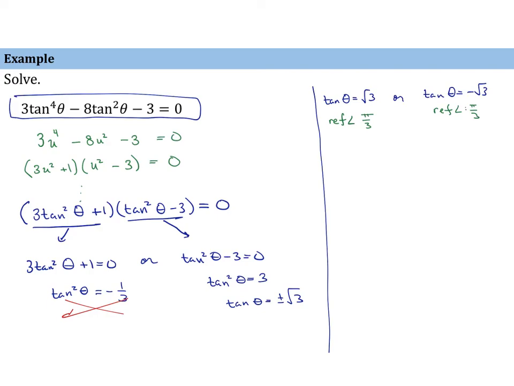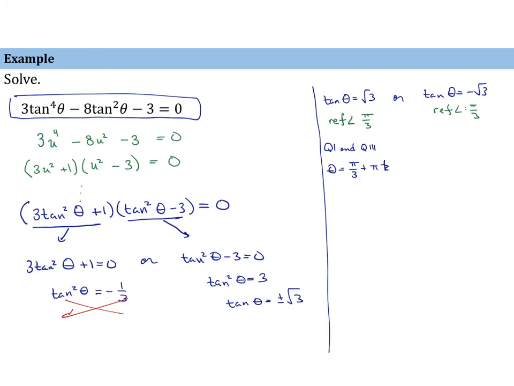So, tangent of theta equals root 3 would land us in quadrant 1 or quadrant 3, because tangent of theta is positive there. And again, we can use the fact that tangent of theta has a period of pi. So, this means that theta would equal pi over 3 plus pi k.